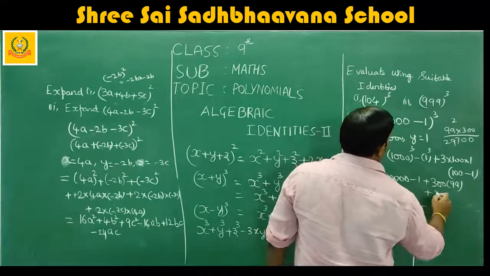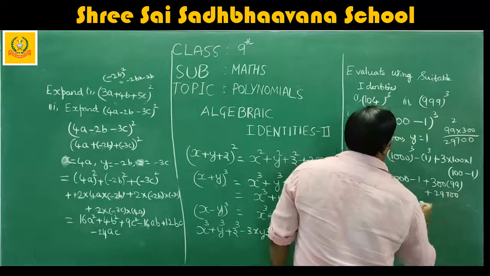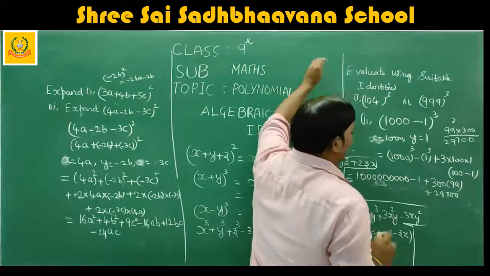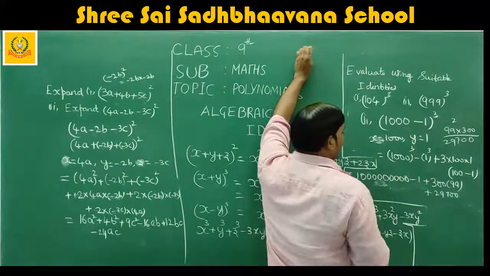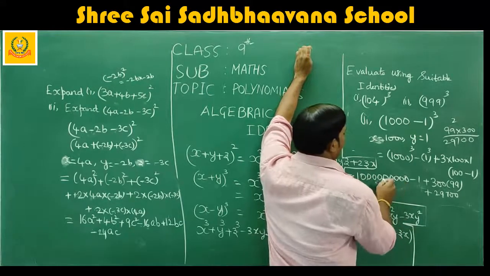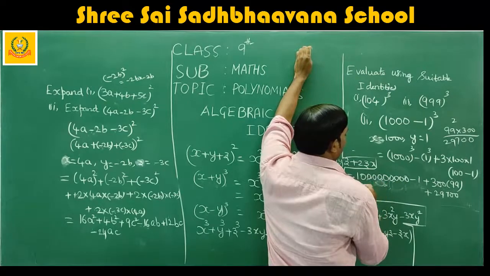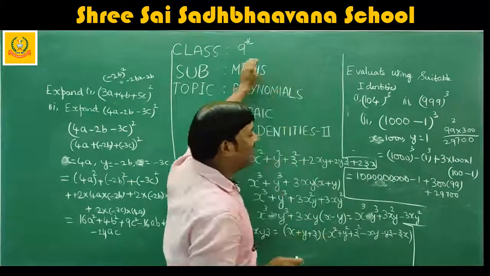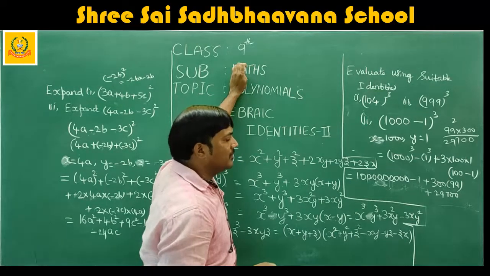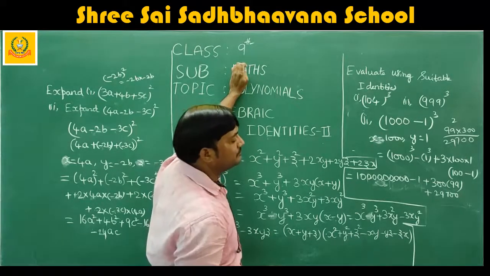29700. Correct? 29700 and 1000 cube minus 1. It may be a bigger number. 3 zeros, 2 zeros, again 2 zeros. Not even 100 million, 6 zeros. 1000 millions it will come.